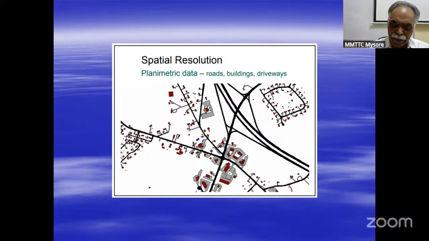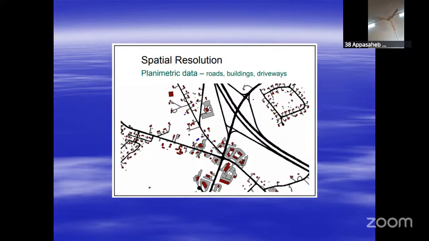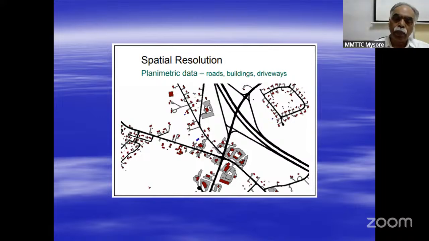Earlier to 1990s, the satellite spatial resolution was 120 meters. One pixel used to have that much of information. So gradually the satellite spatial resolution has been increased, means much better and very accurate information we started getting.